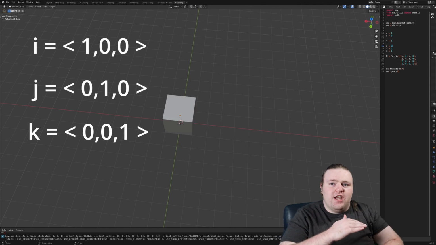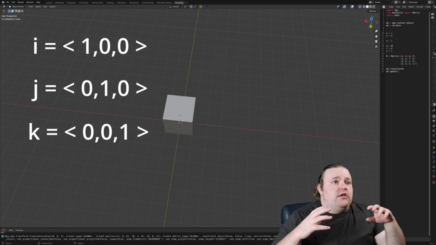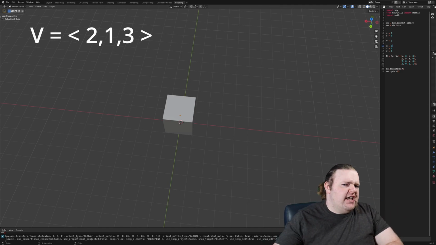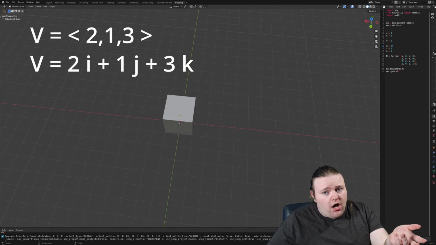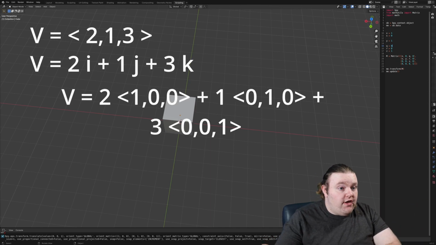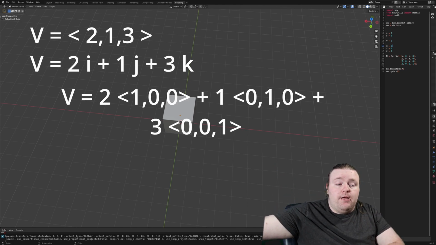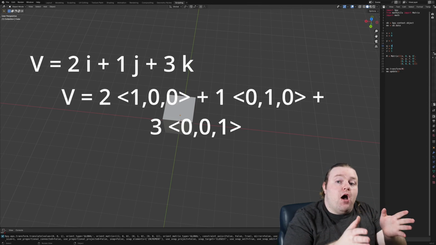Those are I, J, and K. So those are what we define when we say I'm at 2, 1, 3. We're really saying it's a linear sum of 2 copies of I plus 1 copy of J plus 3 copies of K. That's how we get from the origin to 2, 1, 3. So that is where we're working with our models.